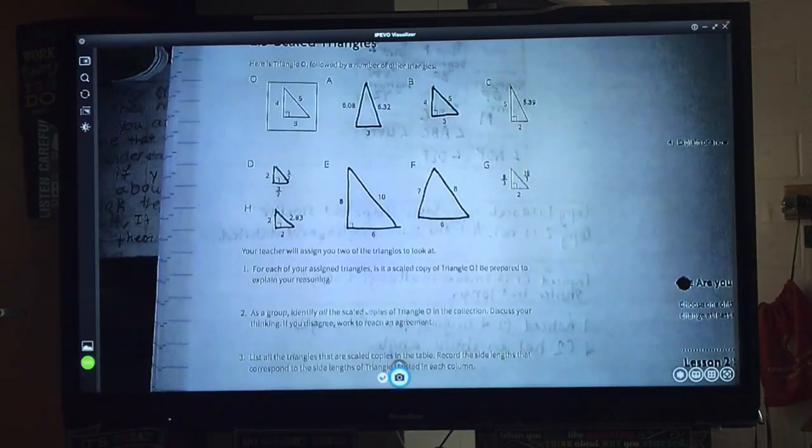You should be working as a group by now for number 2, because it says as a group, identify all the scaled copies. Let's go, y'all.